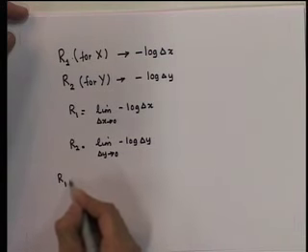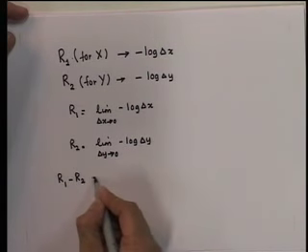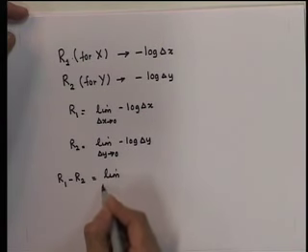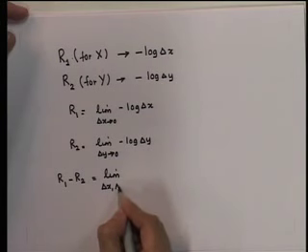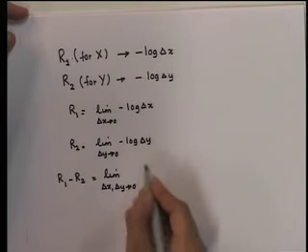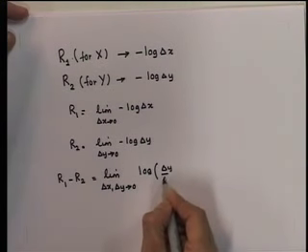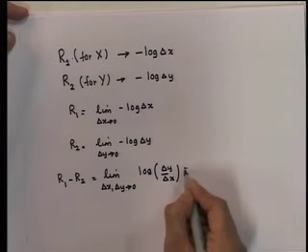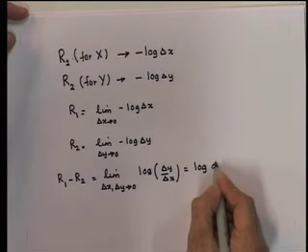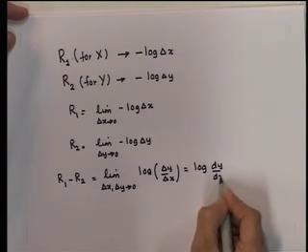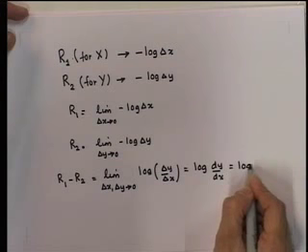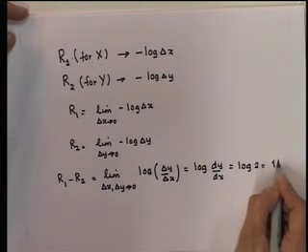Therefore, the difference R 1 minus R 2 is equal to limit delta x, delta y tending to 0 of log delta y by delta x, which is equal to log of dy by dx, which is equal to log of 2, which is equal to 1 bit.